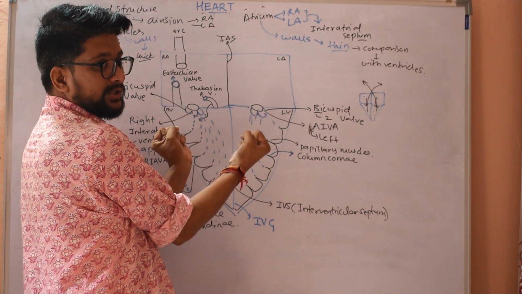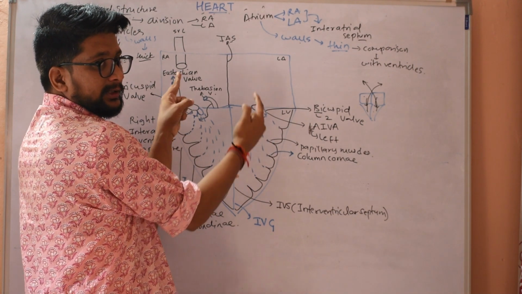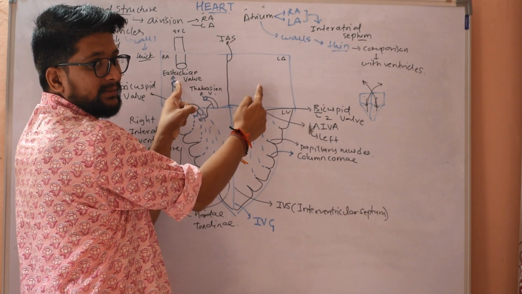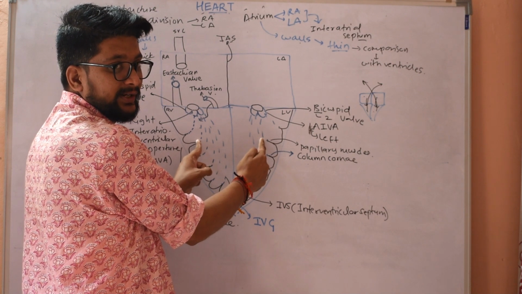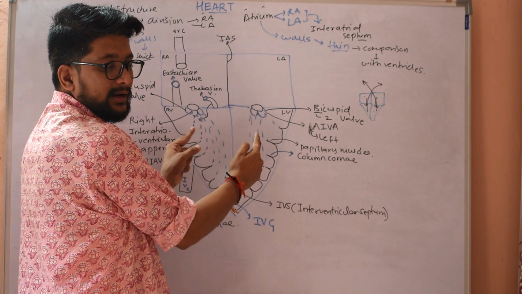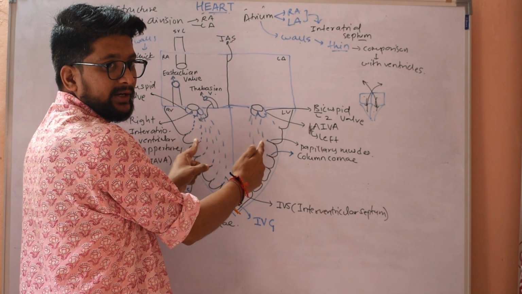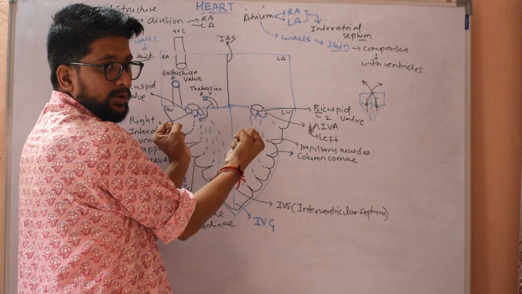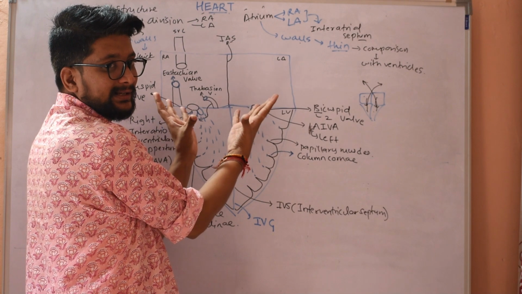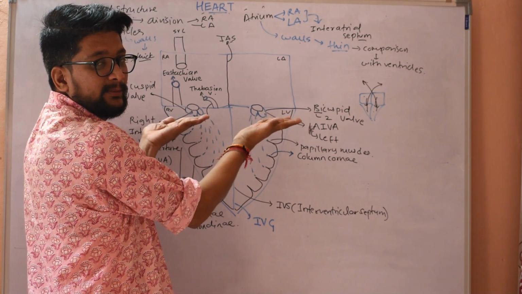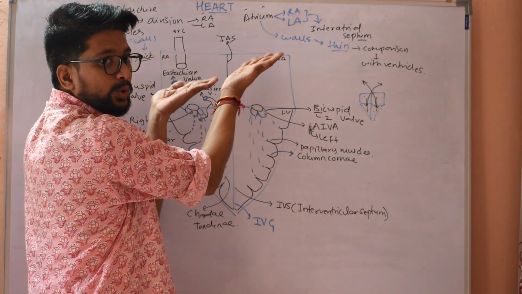Due to opening of the tricuspid and bicuspid valve, the blood which is filled in right atrium and left atrium will come inside the right ventricle and left ventricle. Once the blood comes inside, the contracted chordae tendineae will again relax. Due to the relaxation, the tricuspid valve and the bicuspid valve will again close up.